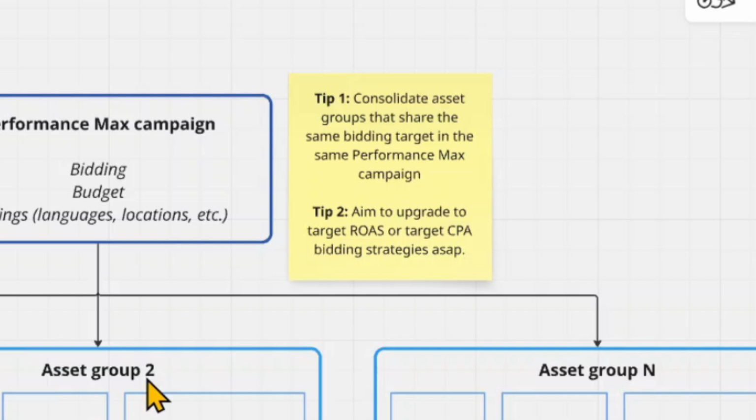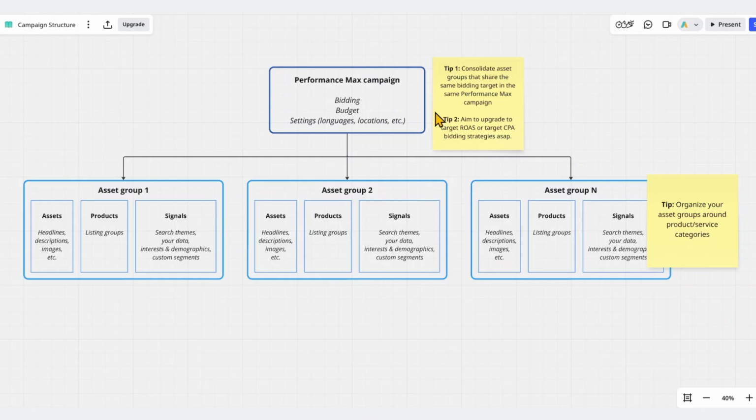So, tip one: consolidate asset groups that share the same bidding target in the same Performance Max campaign. If you have multiple types or categories of products and services that have the same margins, or, for example, that share the same ad budget and approximately the same unit economics, then you can put them in the same campaign and allow them to share the same budget and the same bidding strategy.